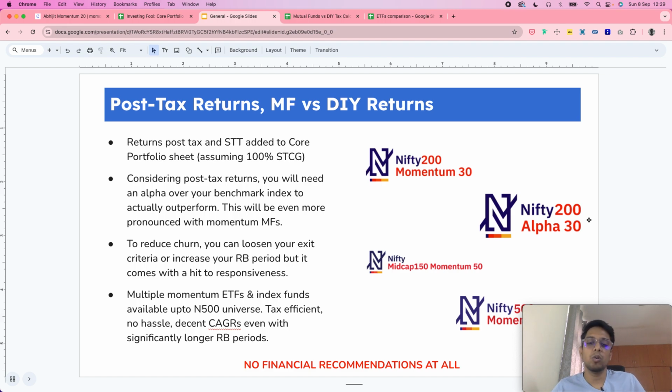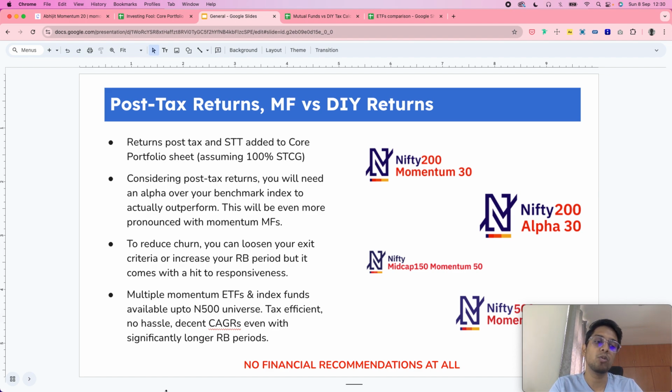But yeah, so final points: if you want to invest in a universe larger than 500, or if you want to enjoy the benefits of shorter rebalancing, which is not apparent in this year but maybe in some other kind of market cycles, then you can go to DIY momentum investing. But you have to ensure that you are not performing at the same level as the mutual fund or index fund.